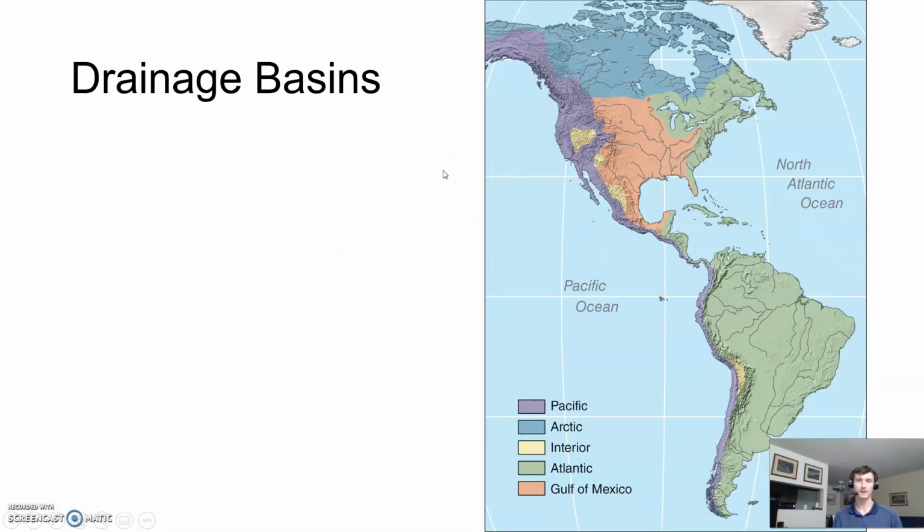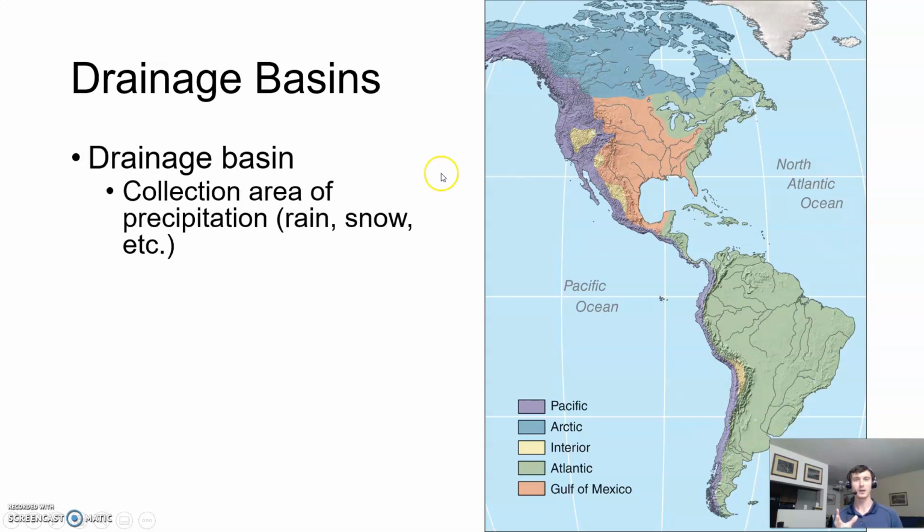It powers all of this. We divide larger regions, whole continents of the world, into these drainage basins, depending on where we are. So all the precipitation inside of the red area here on the map, all of it ends up in the same place, right? All of the rivers and everything here collect water and channel it into the Gulf of Mexico.